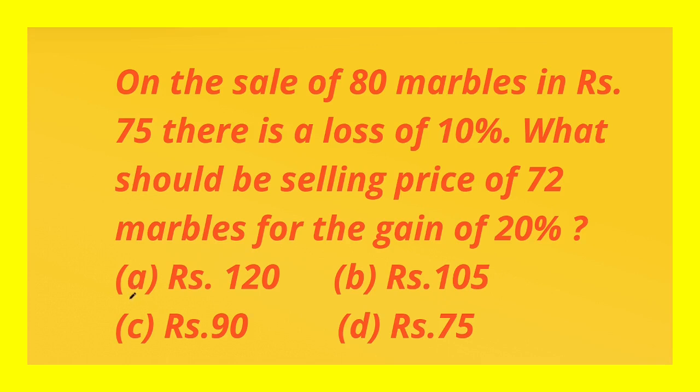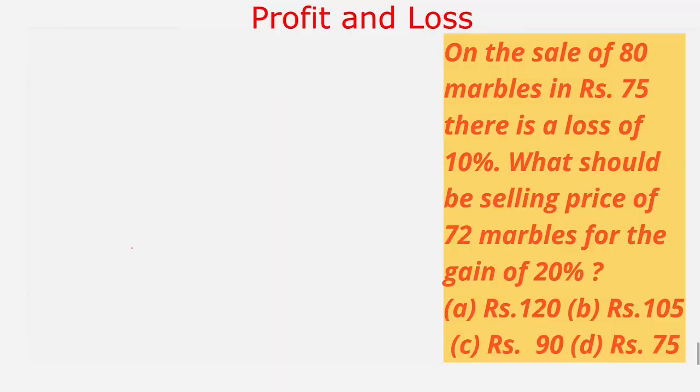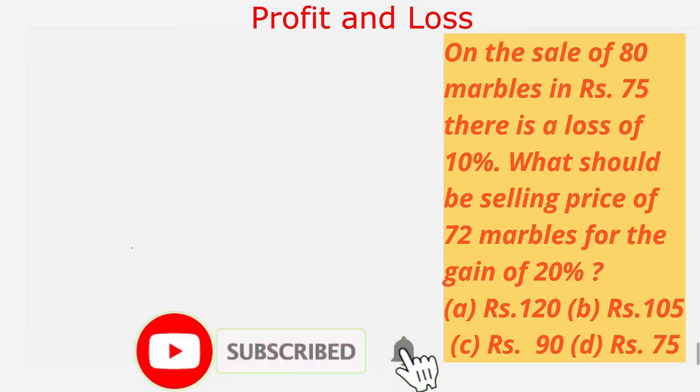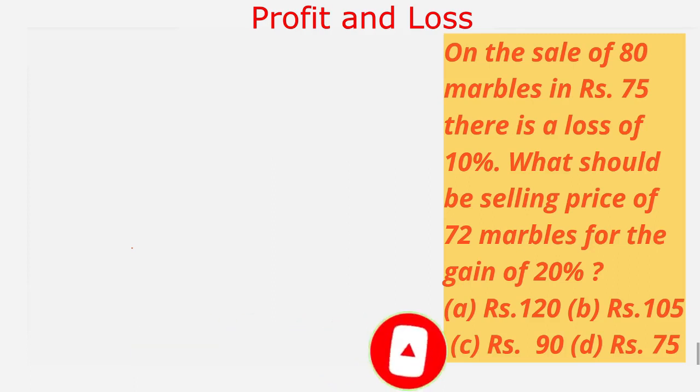The given options are option A rupees 120, option B rupees 105, option C rupees 90, option D rupees 75. We solve this question by 3 different methods and you will learn how to solve this question by all these 3 methods, which are conventional as well as shortcut methods.